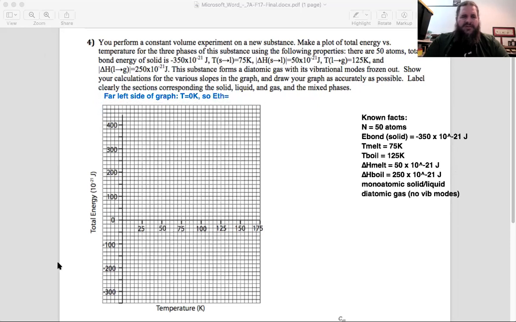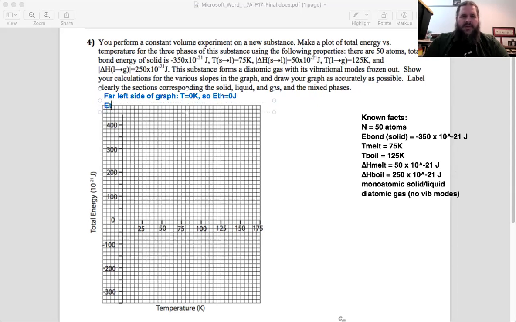What would be the thermal energy if our temperature is all the way down at absolute zero? If it's the coldest you can possibly get, how much thermal energy is that? Yeah, 0 joules.